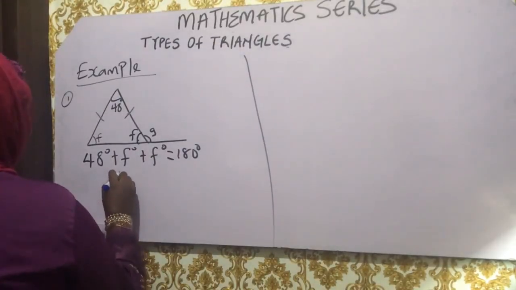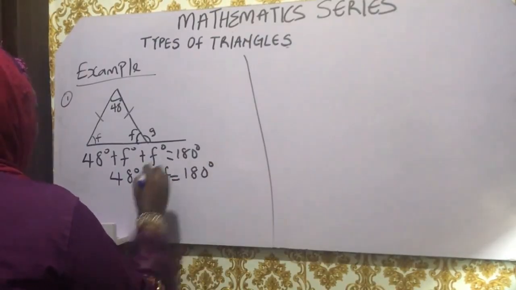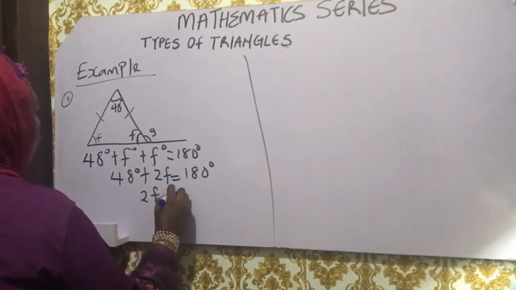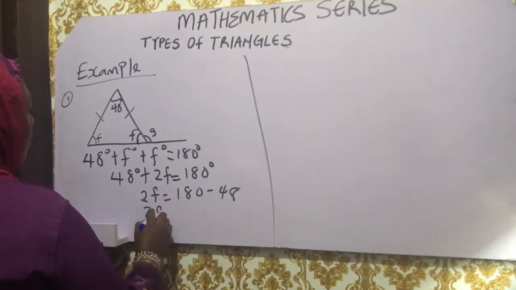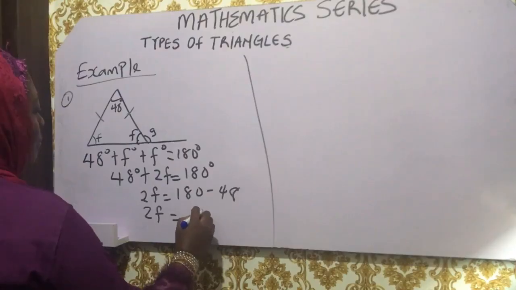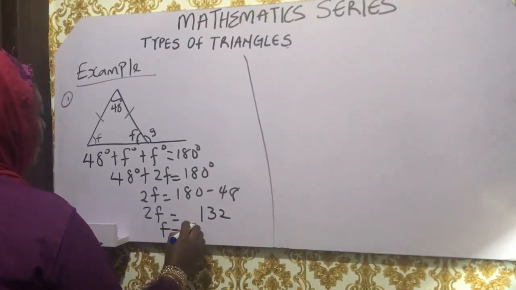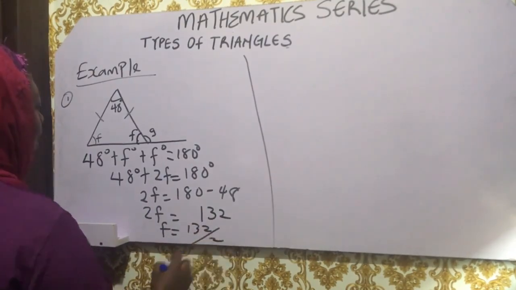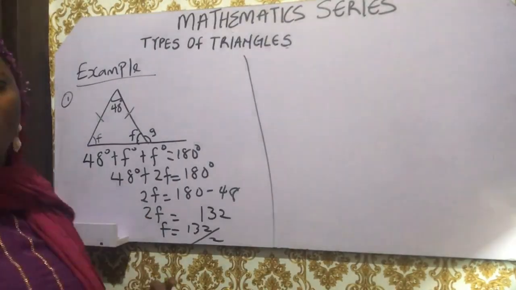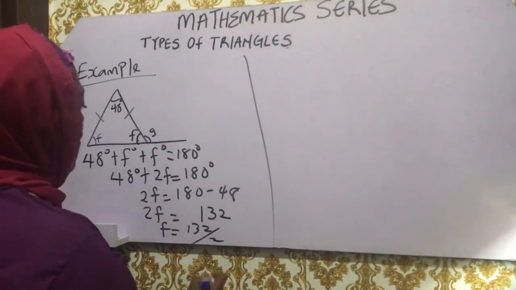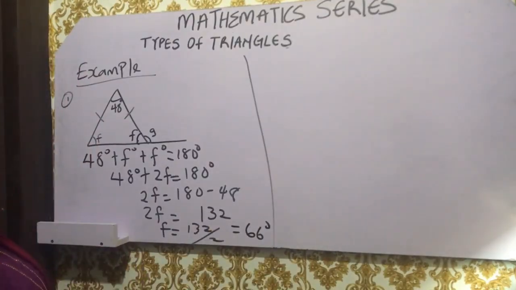So this becomes 48 degrees plus 2F is equal to 180 degrees. 2F becomes 180 minus 48, which is 132. So F will be equal to 132 divided by 2, because in order to get F, you have to divide both sides by 2. And when you say 2F divided by 2, you get F. 132 divided by 2 gives 66 degrees. So we have F to be 66 degrees.